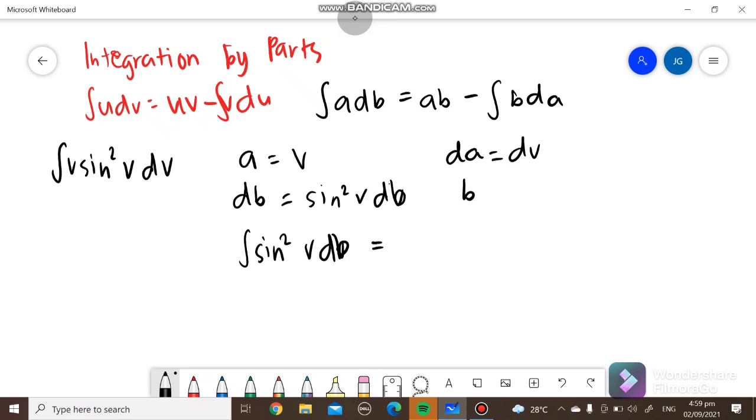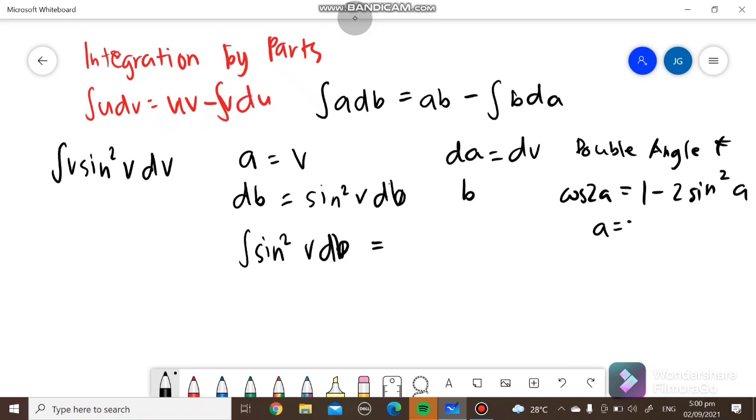is equal to, first thing to do here is to palitan yung sine squared v using the double angle formula. It states here that cosine 2a is equal to 1 minus 2 sine squared a. Since v yung variable natin dito, we can say that a is equal to v.